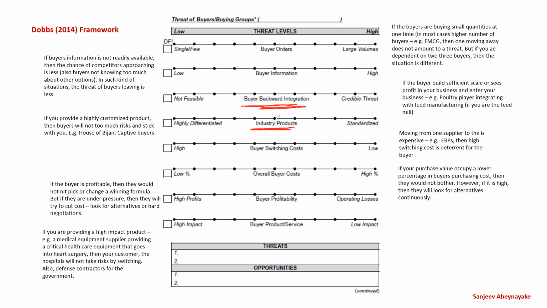Even if you go to a world technology fair and see top of the range products from some other player, you still don't want to touch them because that product is very much customized to your manufacturing facility. So if it is highly differentiated, then you will find that the risk of buyers moving away is fairly low.